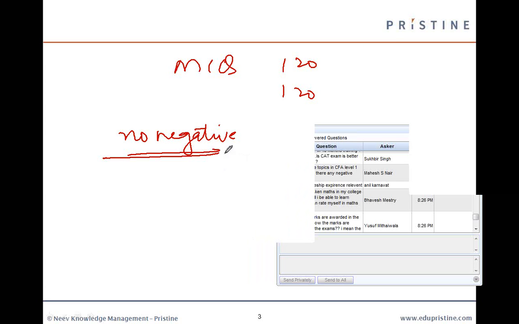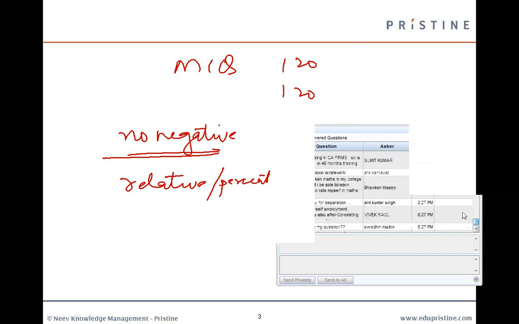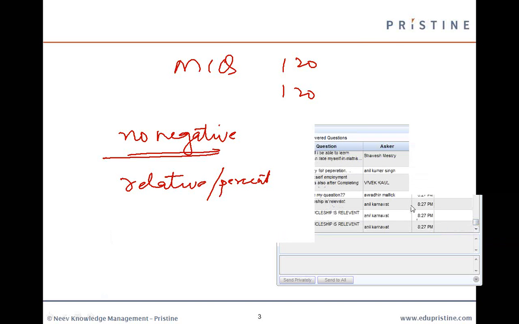Another thing which works in your favor for passing the exam is the valuation is relative, or what we call percentile based. Most of you know what a percentile ranking system is because most of you would have given CAT. In an absolute valuation system, you need to get an absolute amount of marks to pass the exam.